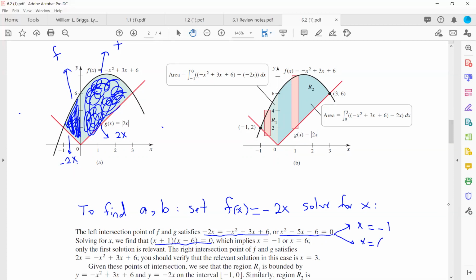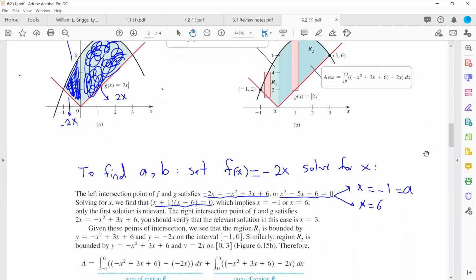Okay. So we just found the lower bound a for the left-hand side graph. And we know that this area stops at 0. So we don't need 6. b is equal to 0.